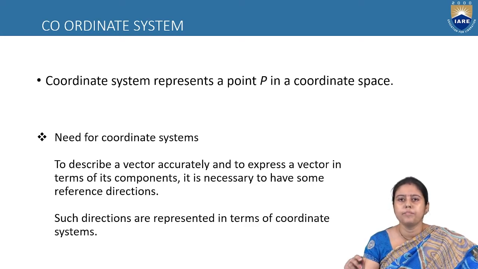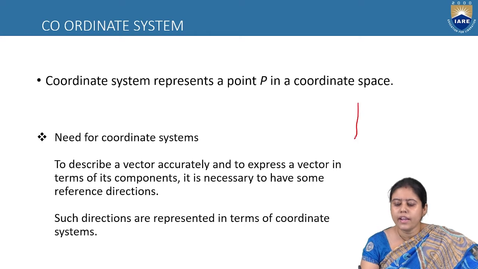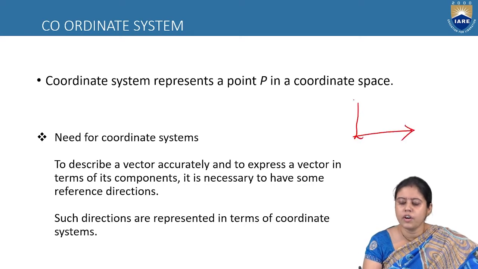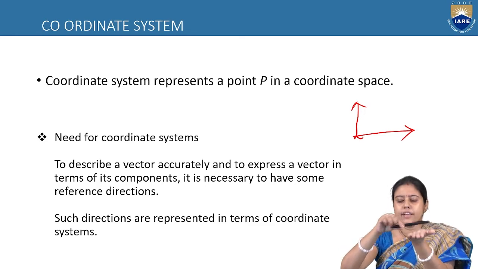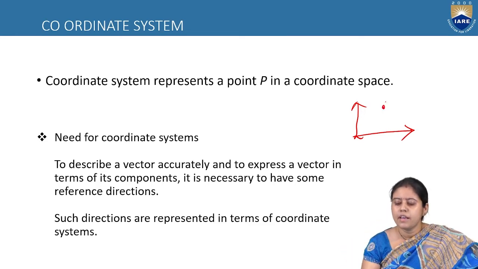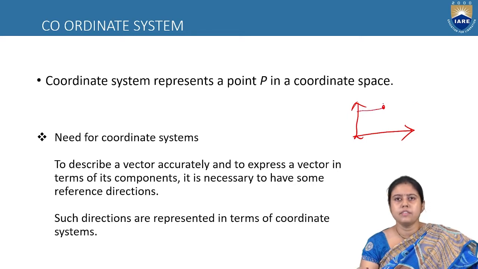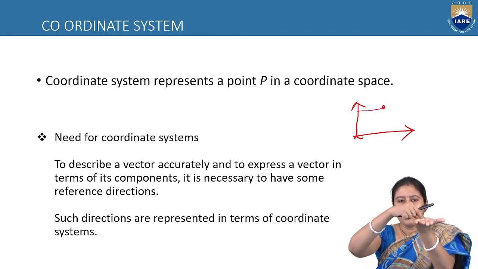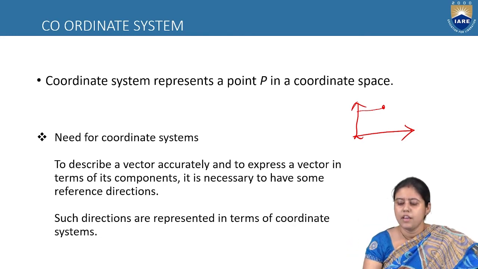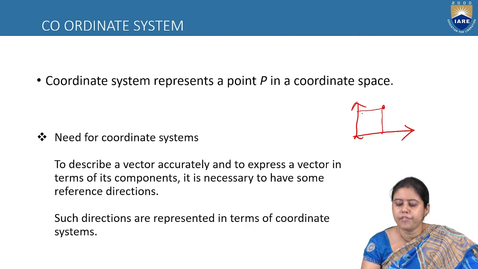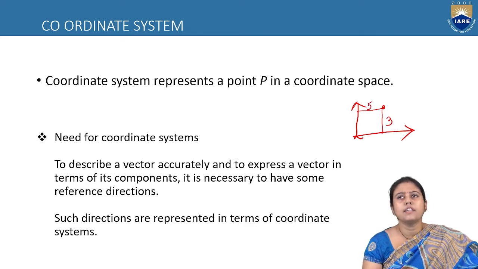What does it mean? See, on our desk we kept a pen like this. The pen is 5 meter from the y-axis, and another one is 3 meter from the other axis. So it is 5 from one side and 3 from the other side. What is its coordinate?